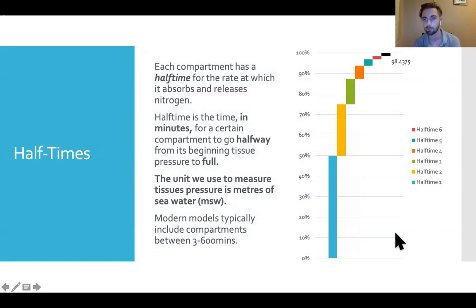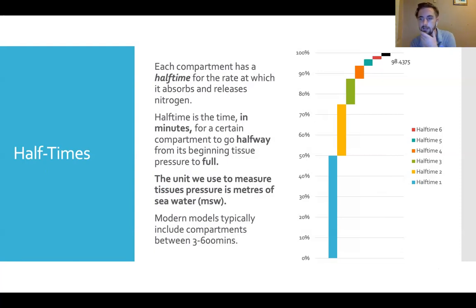It's not a linear progression like that. As we actually increase the amount of absorption, it's a smaller and smaller amount that's absorbed each time. And the unit we use to measure tissue pressure is meters of seawater. And with modern models, half times are typically in between 300 to 600 minutes.